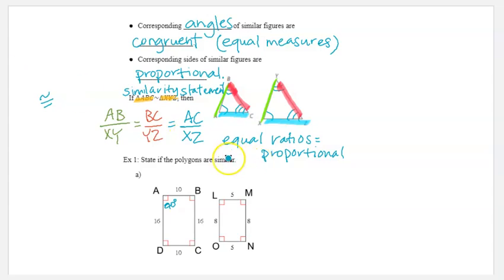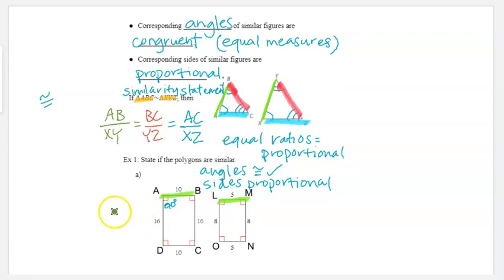Now to check if the sides are proportional. So if I make myself a little checklist, the angles are congruent, check, that is true. And now are the sides proportional? So taking the sides which correspond would be AB with LM.